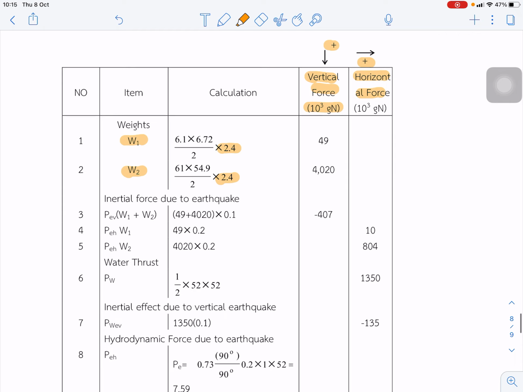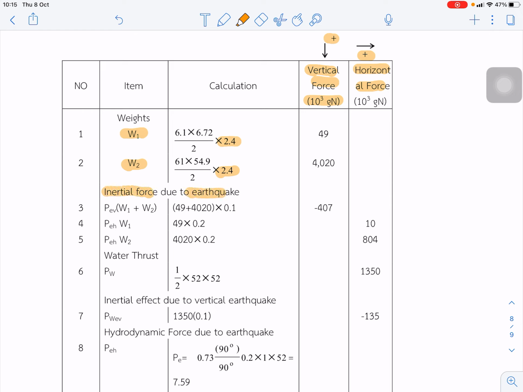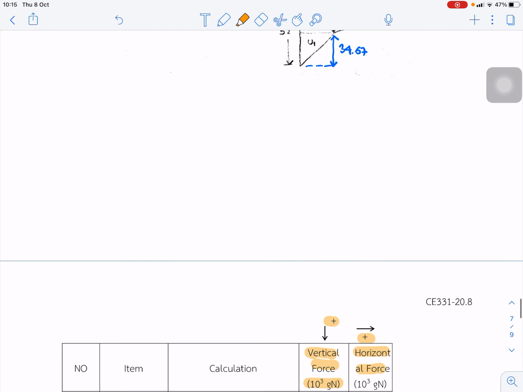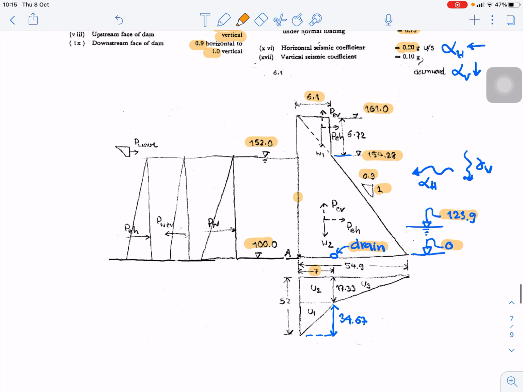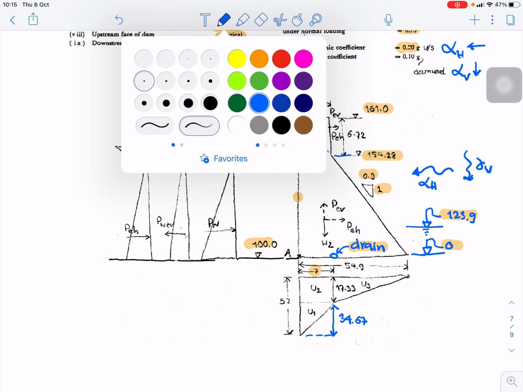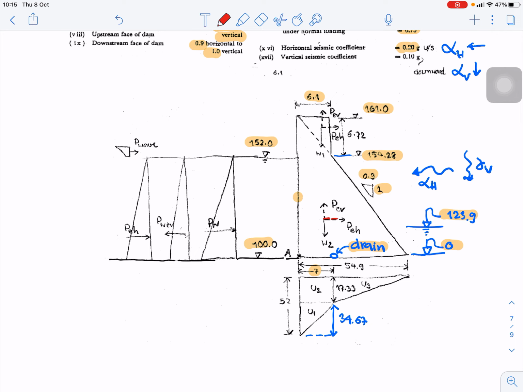Okay, and the inertial force due to the earthquake. In this case we can write the direction of the force. For example, because of the earthquake, the horizontal earthquake is upward, so for the inertial force it's opposite to alpha h.